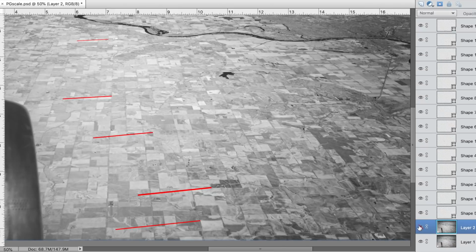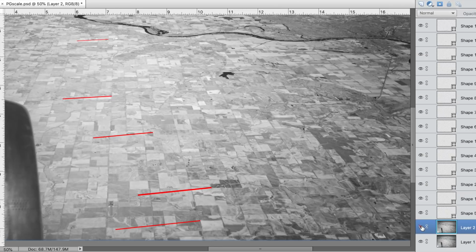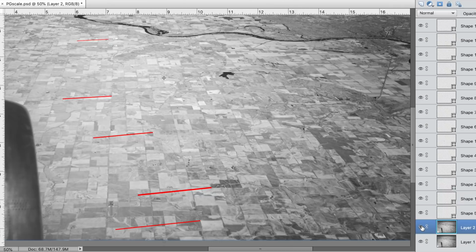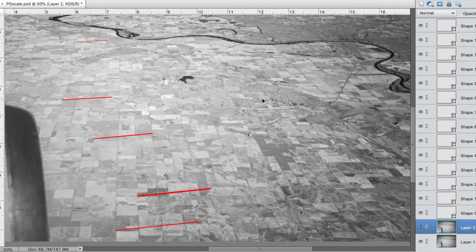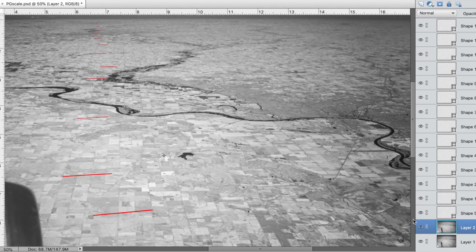So I've corrected the two images. You see there, layer 1 and layer 2. And then I switch visibility back and forth and observe how the features move on the ground. And then I put markers so I could know where they're located, right? And the distance.